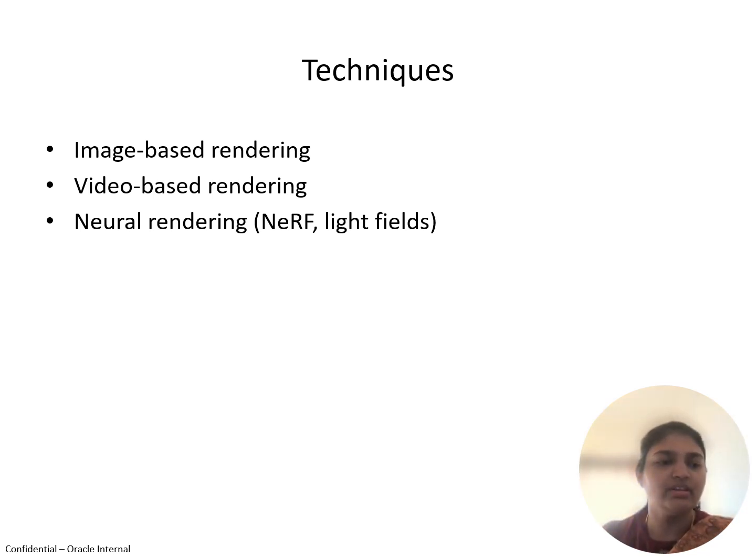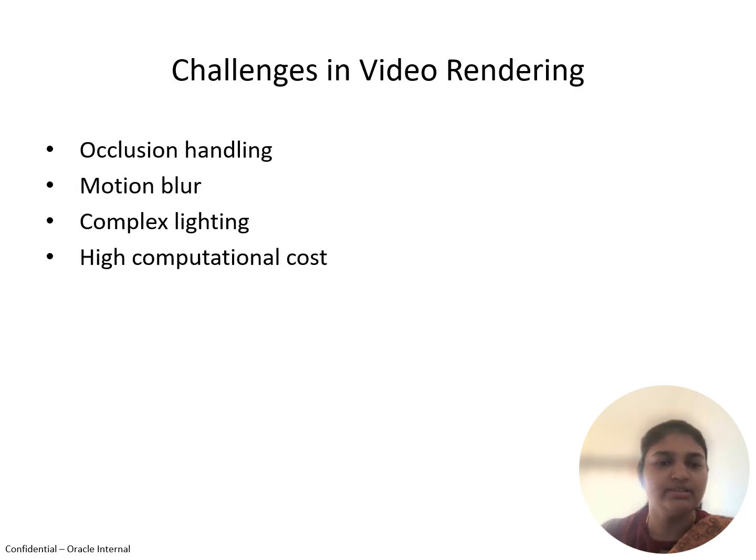Neural rendering is an emerging field in computer graphics and machine learning that combines deep learning models with traditional rendering techniques to generate realistic images and videos, like light fields, etc. Next one is challenges in video rendering.